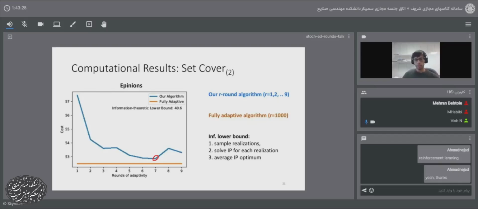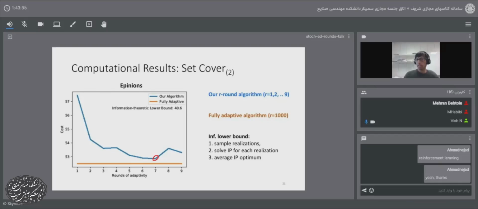And just to see how well our algorithms perform against the optimal value, which is very difficult to compute, we also came up with an information theoretic lower bound that's based on sampling. So what we do is we sample realizations of all the items, and that generates a set cover integer program that we can solve.